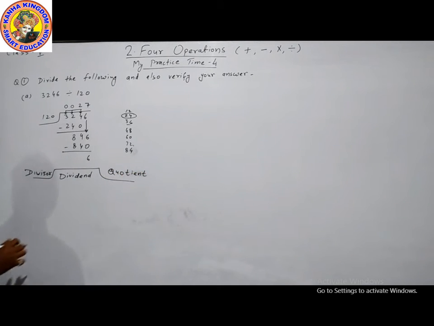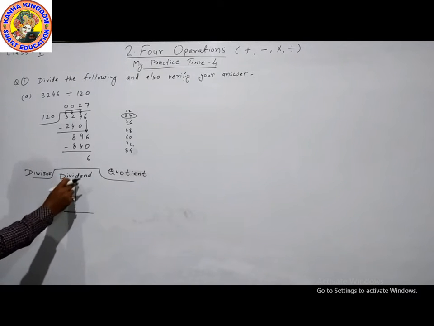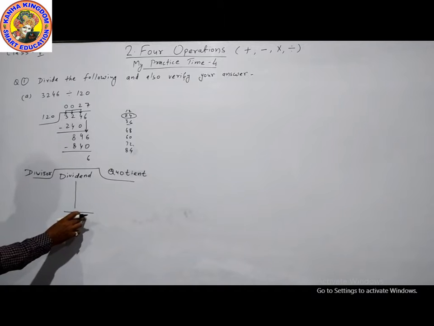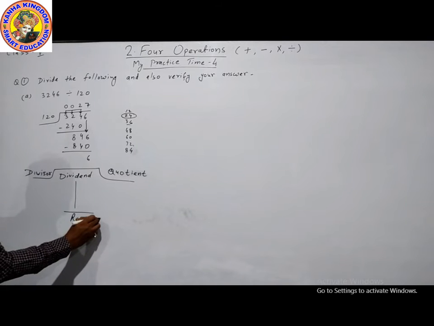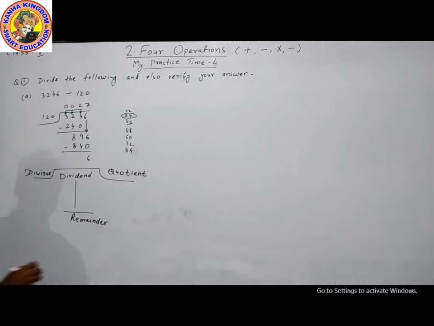And by division, the last digit we get is called the remainder.